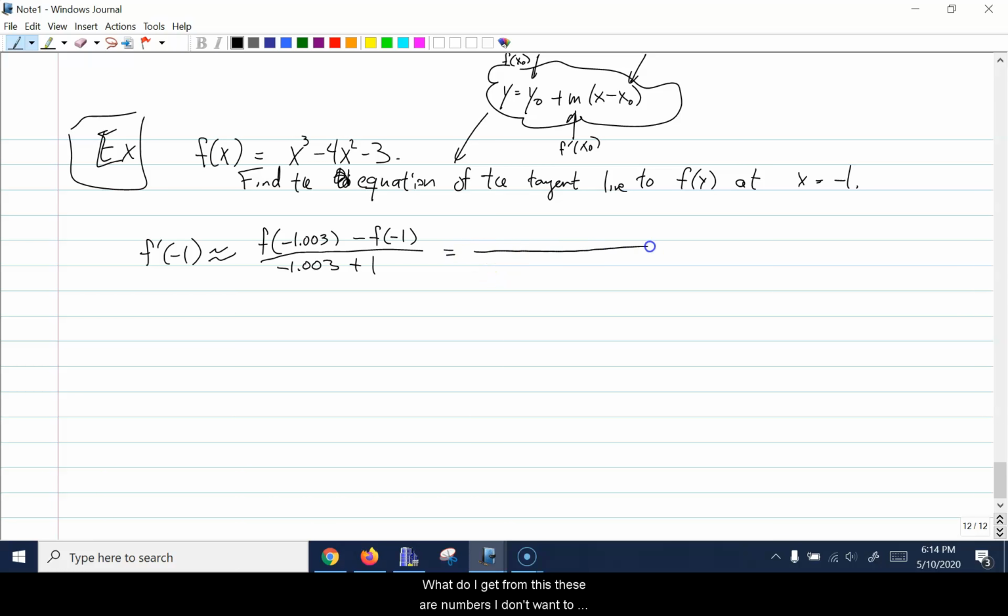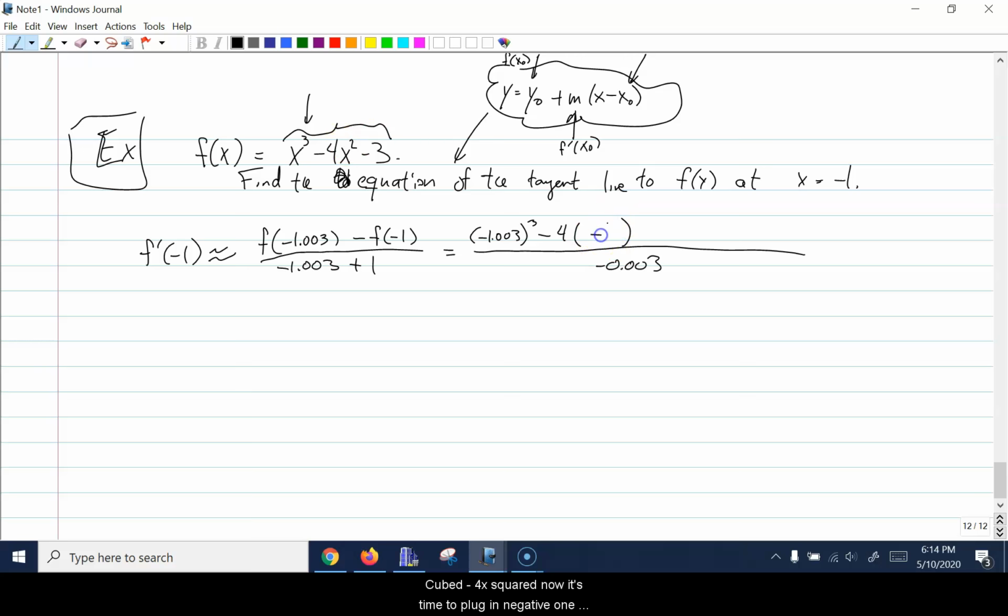What do I get from this? These are numbers I don't want to try and do by hand. Well, the one on the bottom I can do: it's -0.003. These I'm going to have to stick into a calculator. What is it I'm going to stick into a calculator? I'm plugging -1.003 into this. I'm going to show you a mistake people make. They'll plug in -1.003 cubed minus 4x squared.